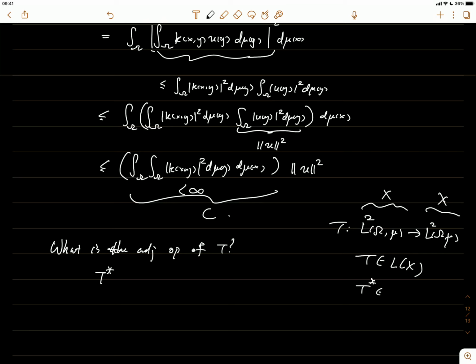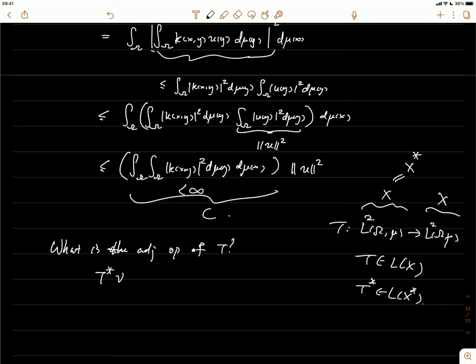So T star is supposed to be a mapping from X star to X star. But remember that X is equal to L2 and X star is also equal to L2. This is actually equal to its own dual. So X star itself is also just L2 space.